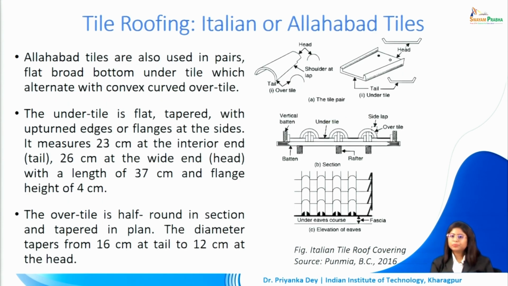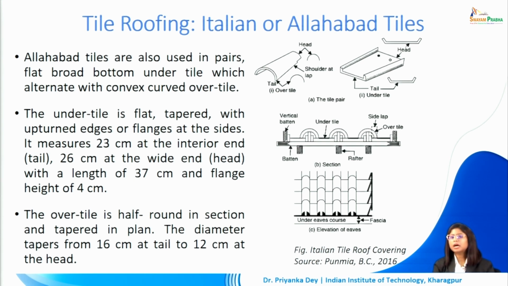The next type of tile is the Allahabad tile, which also comes in pairs, but in this case the flat broad bottom under tile is alternated with a convex curved over tile. So in the previous example we had curved tiles both in over and under tile, but here we have a curved over tile and the under tile is actually flat.